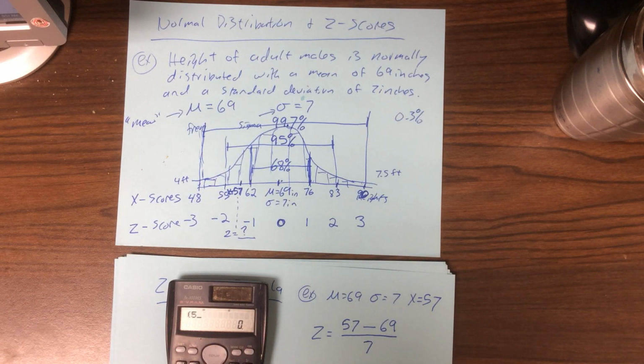So there's two ways you can do it. You can do 57 minus 69 in parentheses and then divide that by 7. And there you get the z-score, negative 1.71. You're always going to round these to 2 decimal places. The reason is when we look them up on the table in the next video, z-scores will be to 2 decimal places.